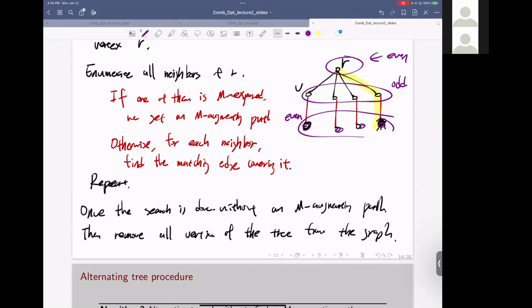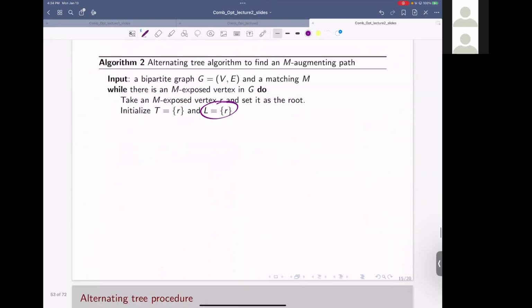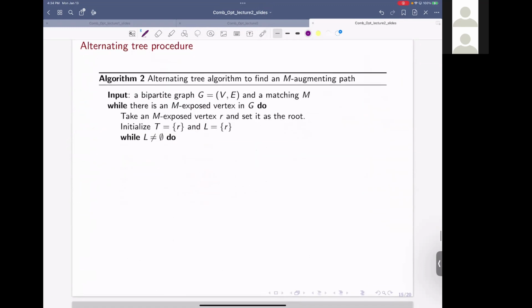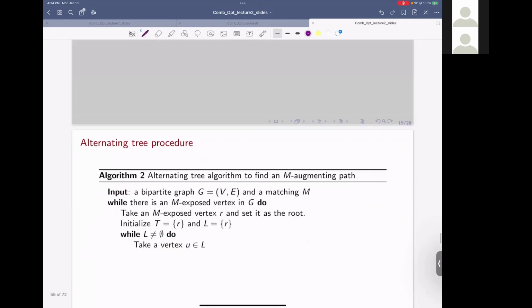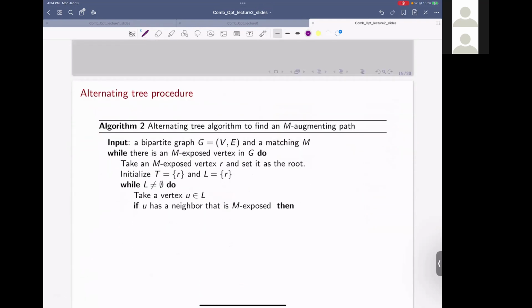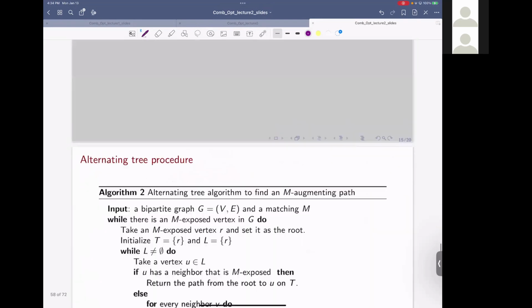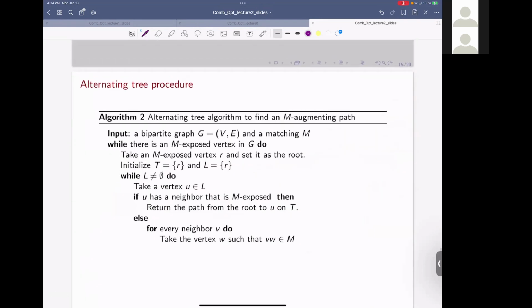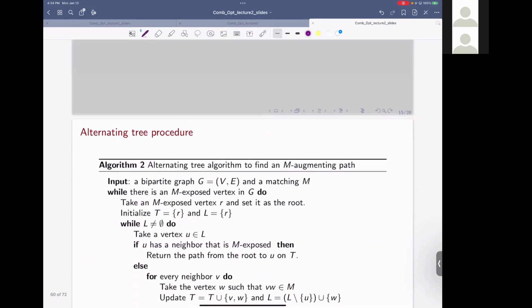I'm going to keep these vertices at the bottom level, and that's just the set L. Until you have something to explore, you take that and enumerate all the neighbors. If you find an exposed neighbor, that gives you an augmenting path. If you do not, you add a matching edge. You take a neighbor, and if it's matched, you add a matching neighbor, and repeat. This is the algorithm.